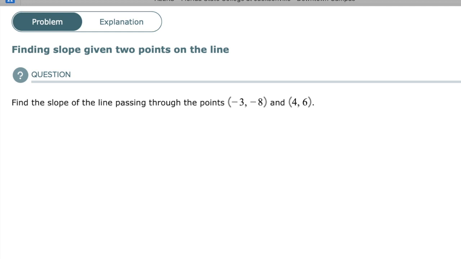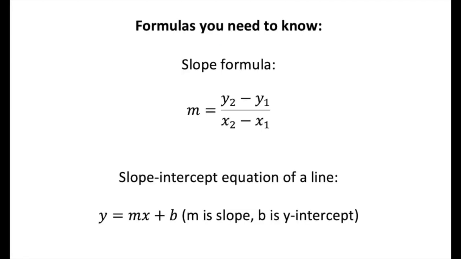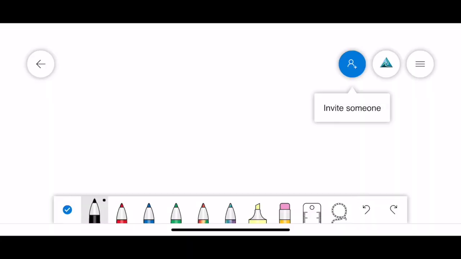Now, this question here is basically the same question, but it will ask you to give the slope of a line that's not graphed. And instead of giving the 2 points on the graph, it will give you the coordinates of 2 points. And here is how you solve this question. Remember these two formulas that I gave you in the beginning of this lecture? For this question, I will be using the first one of the two, that's called the slope formula.